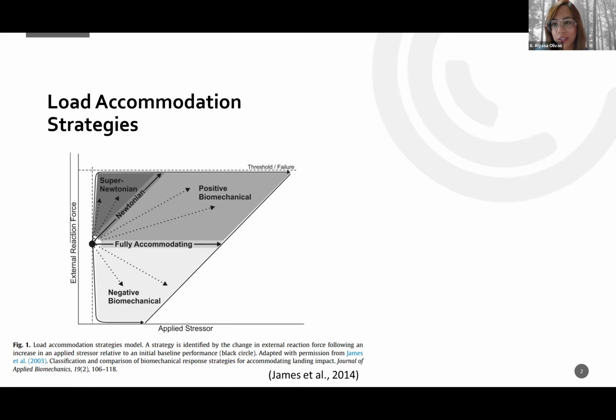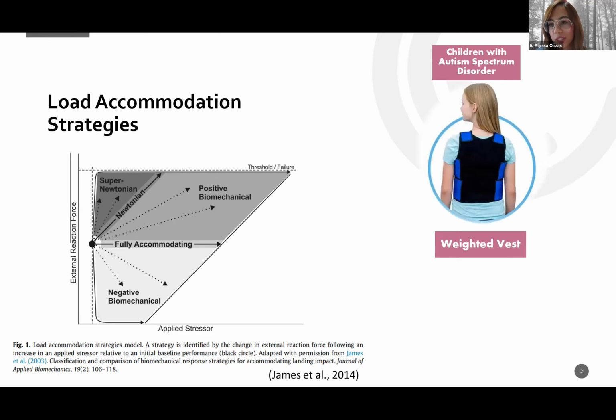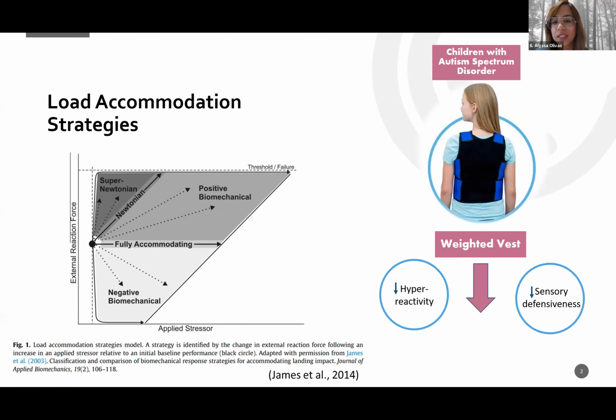Now, a lot of these strategy studies have focused on healthy individuals. Today, I'm going to be focusing on children with autism spectrum disorder, which is typically regarded as a behavioral disorder that can be treated with an intervention such as a weighted vest. Now, there's been evidence to show that the weighted vest helps with behavioral symptoms such as decreasing hyperreactivity and decreasing sensory defensiveness.